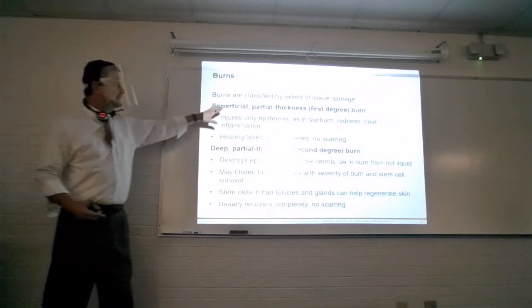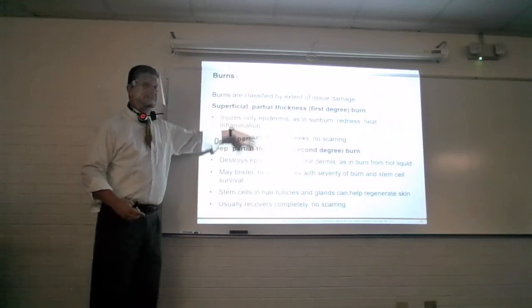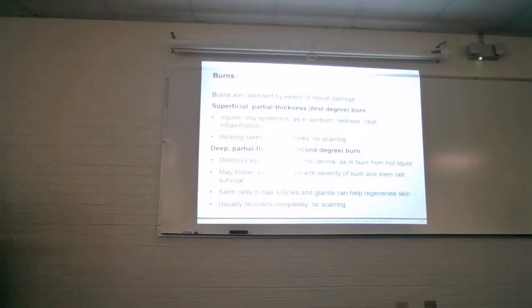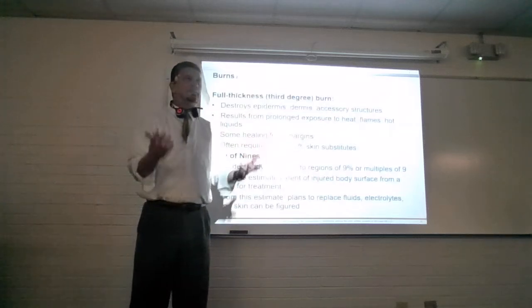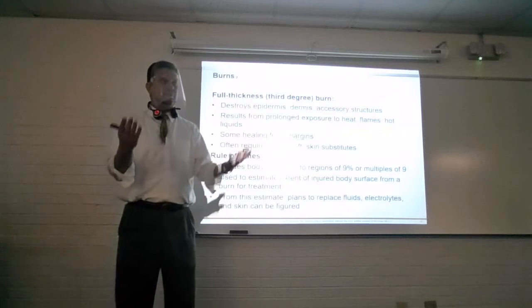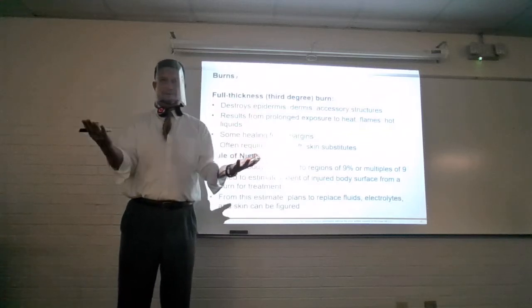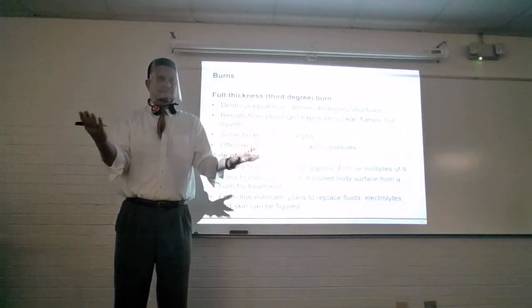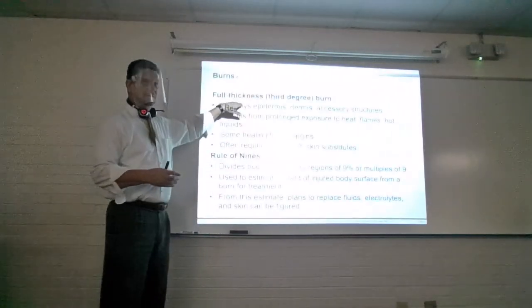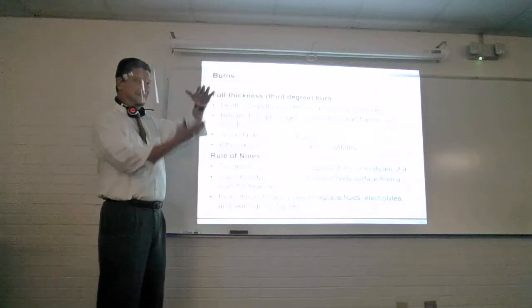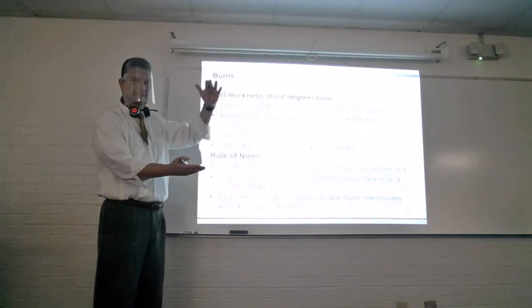So these two are partial thickness. If I'm telling you I've got partial thickness on one hand and full thickness on the other, which one do you think is the bigger, deeper burn? Full thickness or partial thickness? Full thickness, right? Full thickness is the third degree burn. It means it burns the entire cutaneous membrane.